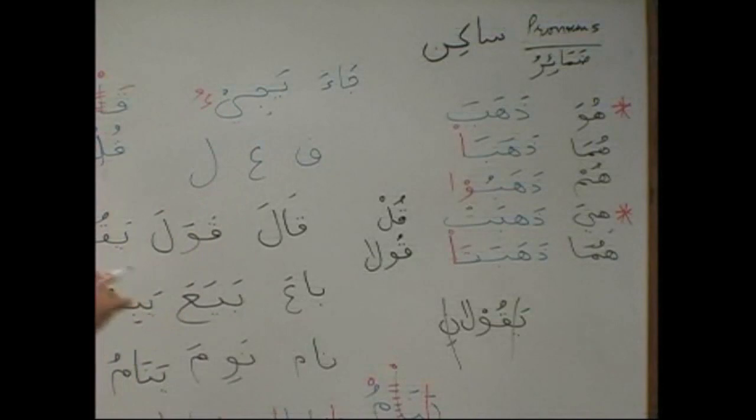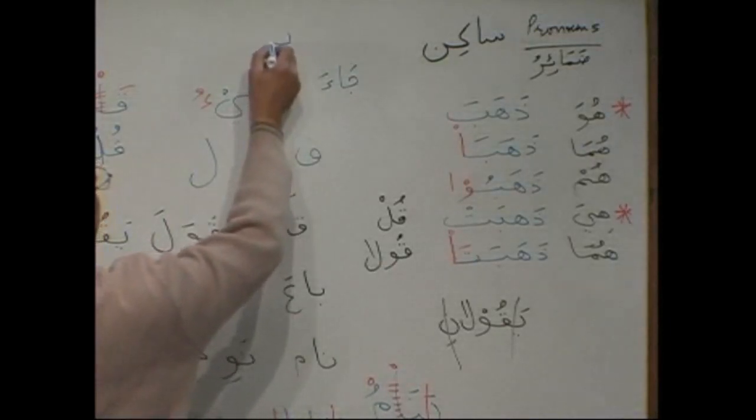Because you are pronouncing everything in the verb. Yaji, u. So everything is pronounced, so you will write down ha. But make it majzoom. How will you write down? No, yaji. Yaji. So you will write down ya.